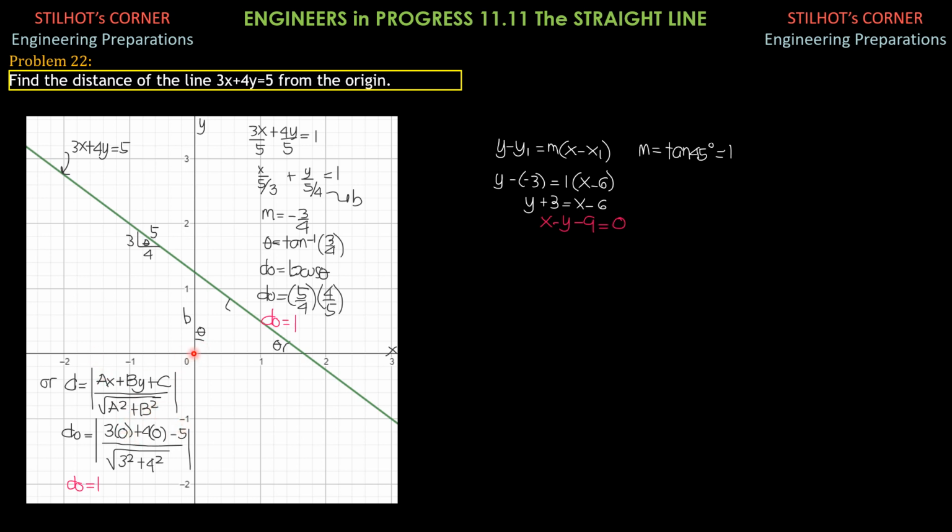So coordinates of the origin 0, 0. So 3 times 0 plus 4 times 0 plus the constant, which is negative 5 in the general form. So this is 3x plus 4y minus 5 equals 0 over square root of 3 squared plus 4 squared. So absolute value of negative 5 is 5 divided by 5. So it is 1.